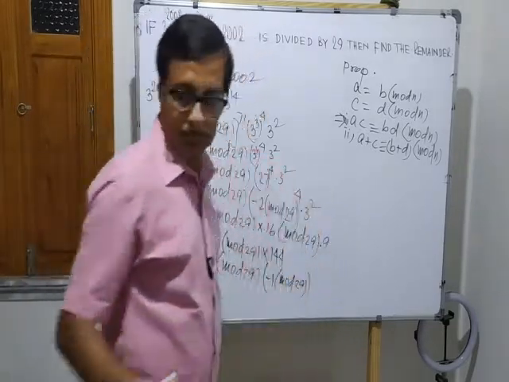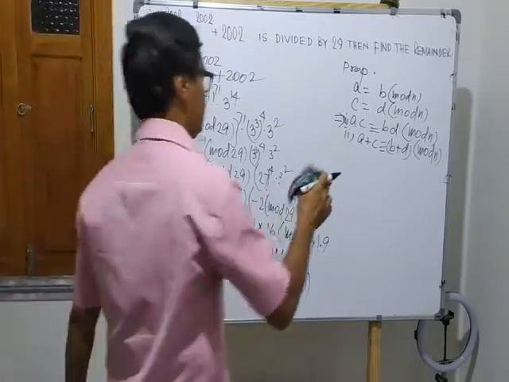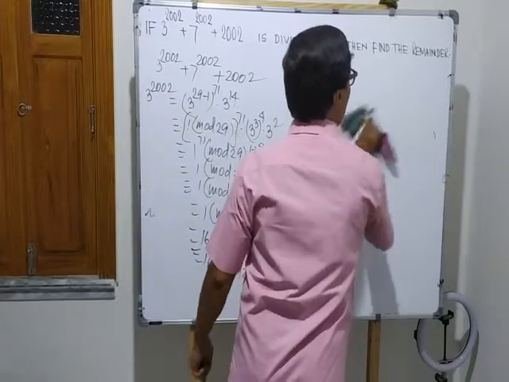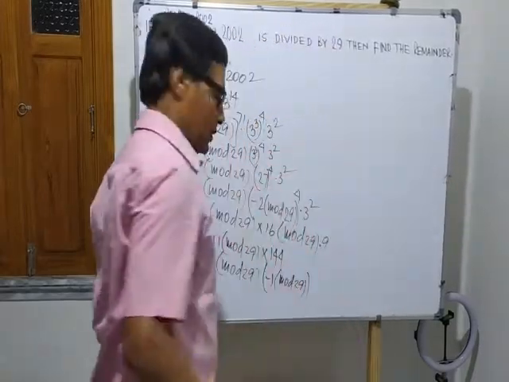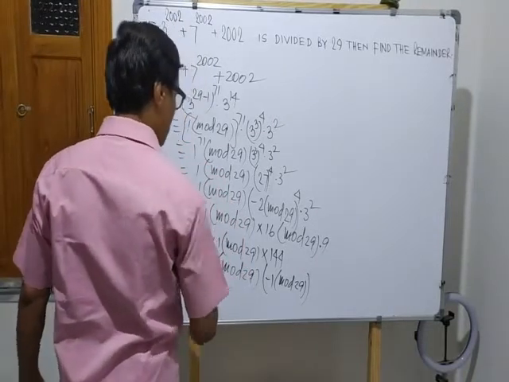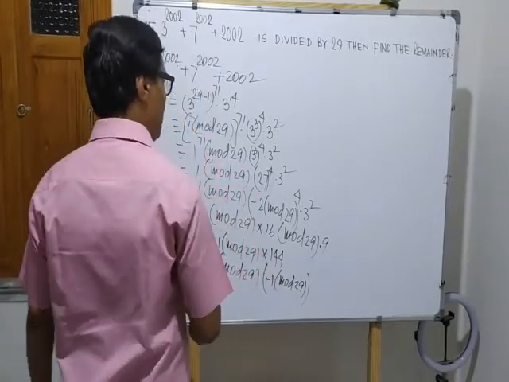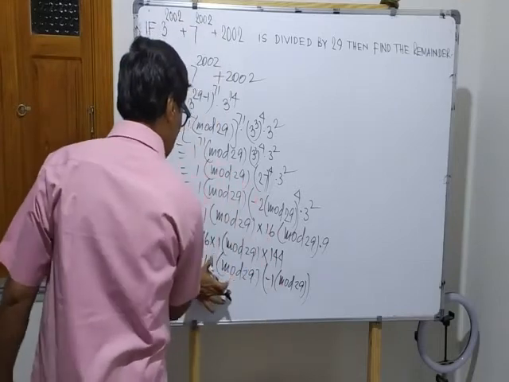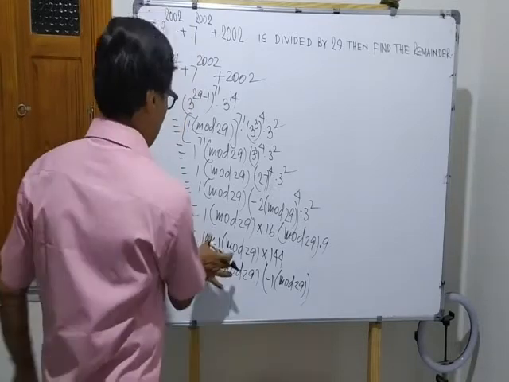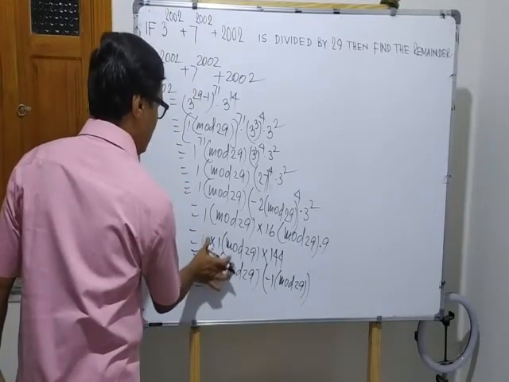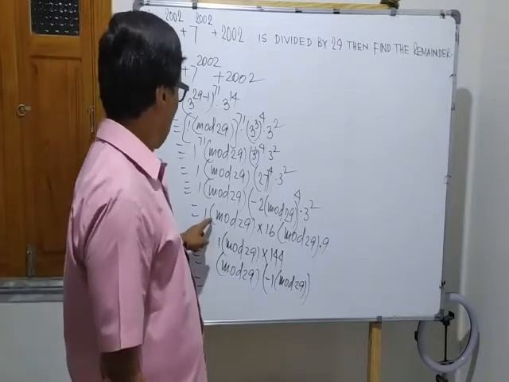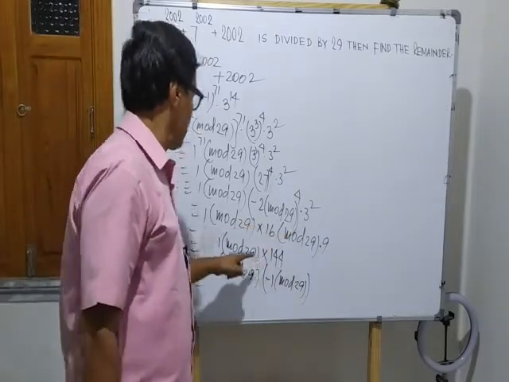Sorry, this is not 16, because 1 into 16 into 9 is 144.